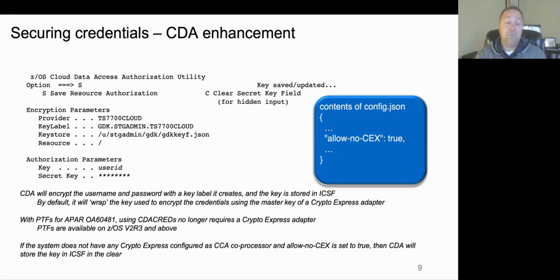And if you don't have a Crypto Express configured as a CCA coprocessor, CDA will store that key label and that key within ICSF. It just won't wrap it with the master key. So it's a clear key stored in ICSF. You can take that same configuration, move it over to production where you do have a Crypto Express adapter, no changes, and we'll wrap that key and we'll store it securely within ICSF.